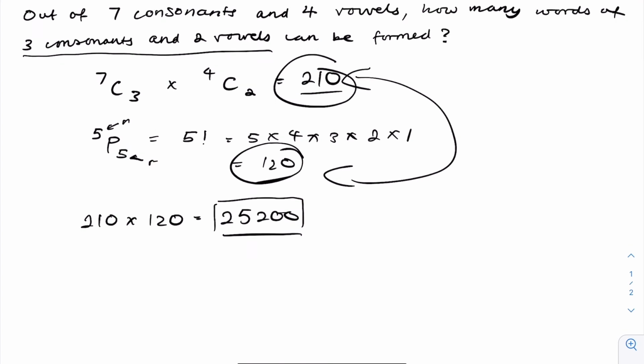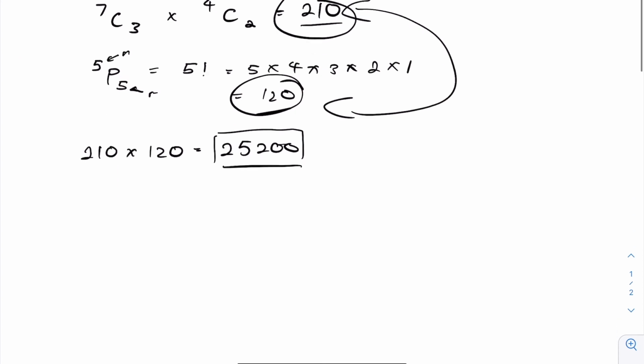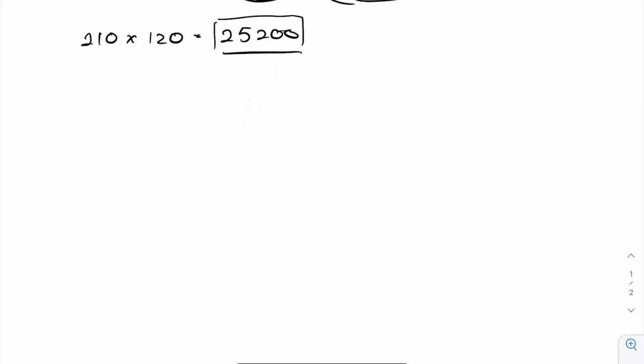Okay, so let's recap by looking at some of the steps you can take to approach any permutations and combinations question. So, when you know it's permutations and combinations, step 1, identify if it is NPR or NCR.